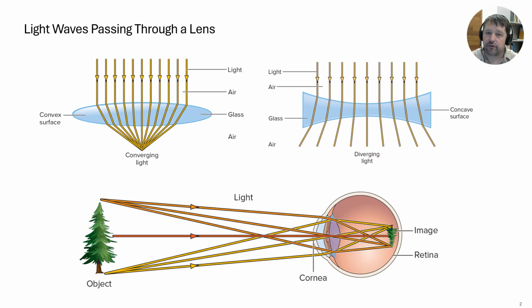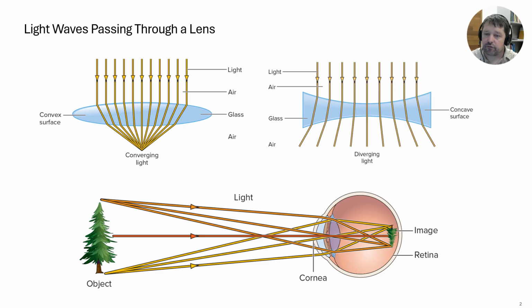If it's convex. If it's concave, okay, then it causes the light to actually diverge or spread out. Okay, and so our eyes, for the most part, are convex, so the light is going to come in and form a single image in many cases.